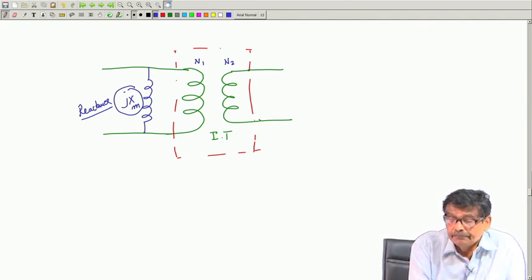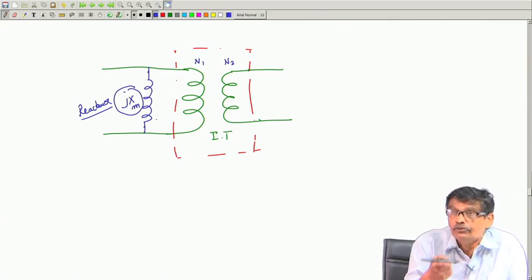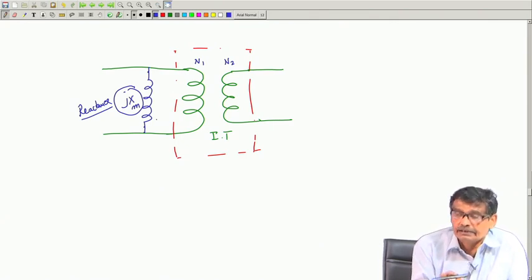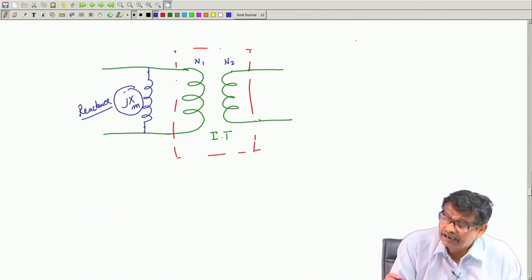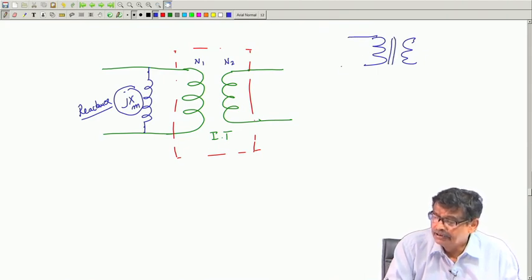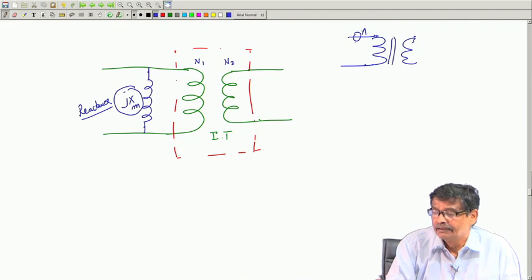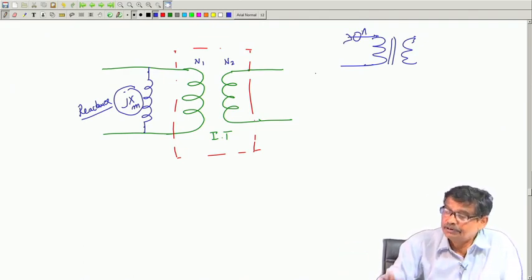So, jXm is external to this ideal transformer and it is no winding, I am emphasizing this. This is the primary coil. That is what I am telling, that your practical transformer is like this. Here, if nothing is connected, you will see the ammeter showing magnetizing current. Connect a load, and it will draw a current I1, which is Im plus I2 dashed. That is what we have seen.